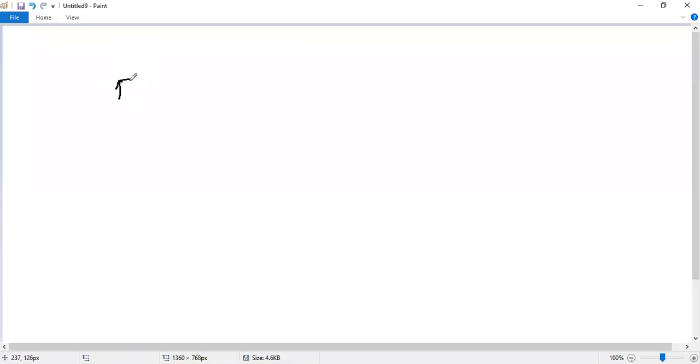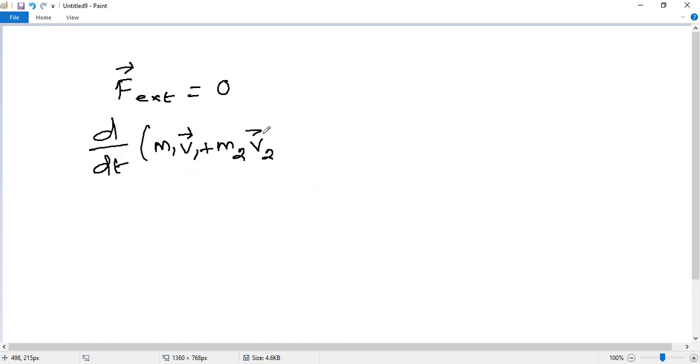The external force equal to 0. Then you will get d by dt of m1 v1 vector plus m2 v2 vector plus up to mn vn vector equal to 0. Okay.